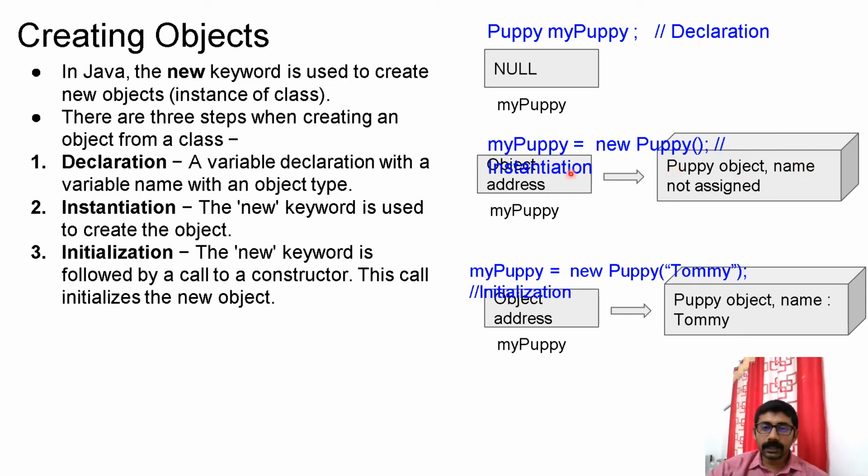That object reference is set to my reference variable myPuppy, so now myPuppy is pointing to this object. Or if I want to create an object which is initialized, in that case I will go for this constructor option. Puppy equal to new Puppy, in parenthesis I am passing the name. So a new object is created, the name is set to Tommy, and my reference variable myPuppy will have the address of the created object.